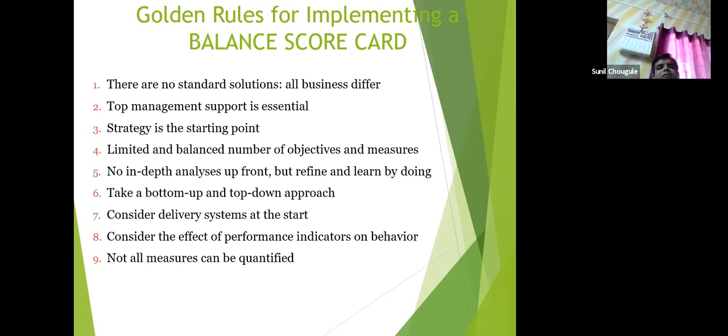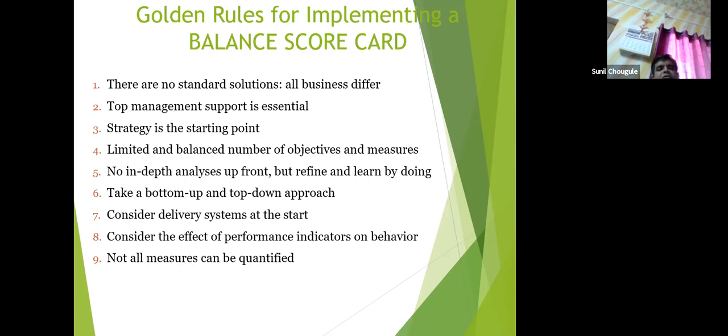Limited and balanced number of objectives and measures: there should be limited objectives through which you are going to measure the balanced scorecard for non-financial parameters for performance measure. No in-depth analysis upfront, but refine and learn by doing. This should not go too theoretical or philosophical. It should be practical and rational when you are doing it as a non-financial parameter.